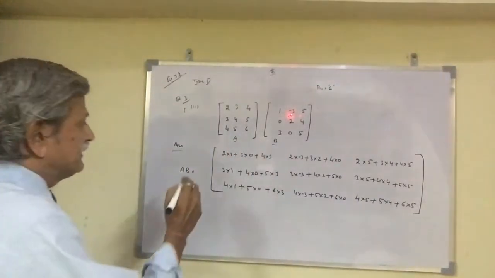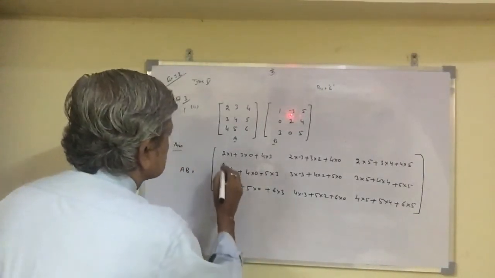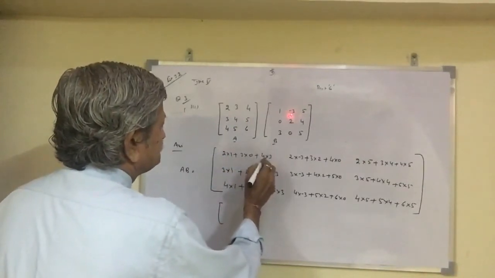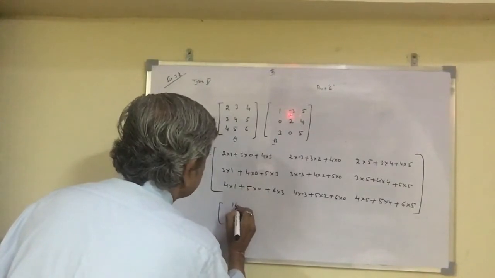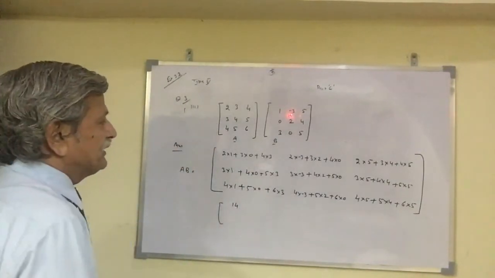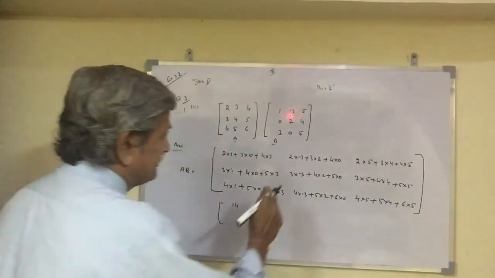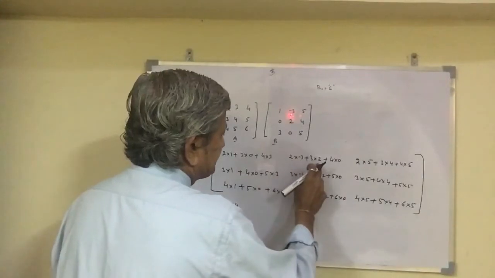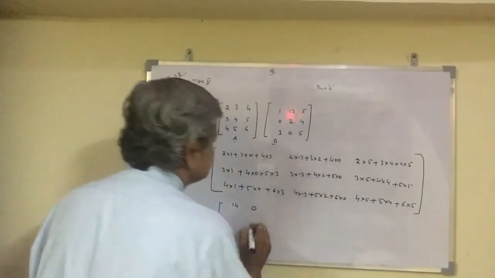Now if you multiply this, your answer will be: this is 2, 0 and 12. So 12 and 2, 14 is here, summing all these parts, right? Then minus 6 and 6 goes off, so this gives you 0.